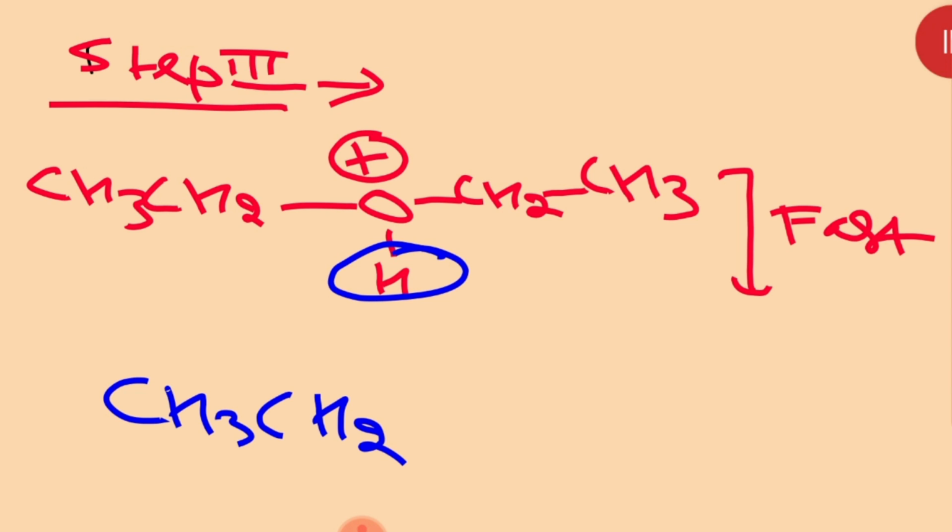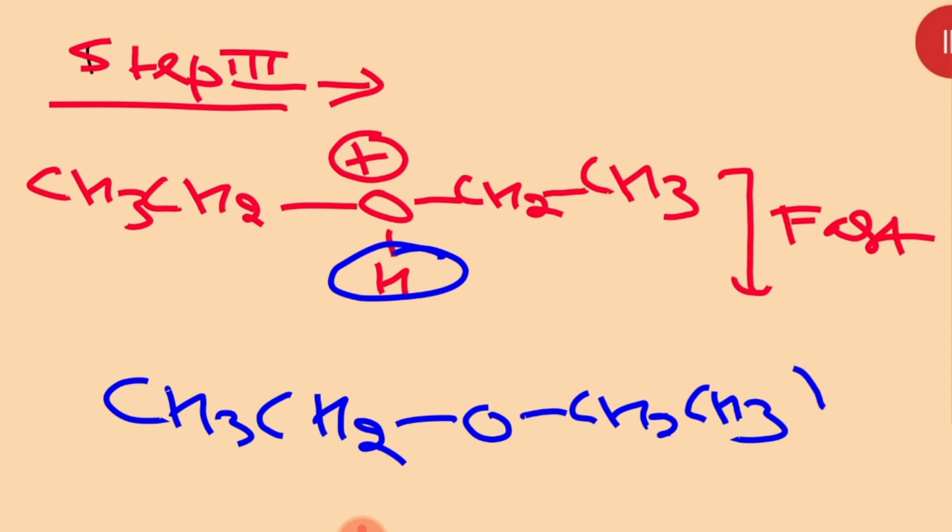CH3CH2OCH2CH3 plus H positive. Okay, and just remember step 2 was a slow step. Now when we remove this, we are getting the ether at the end. Clear? So this is the ether formation mechanism.